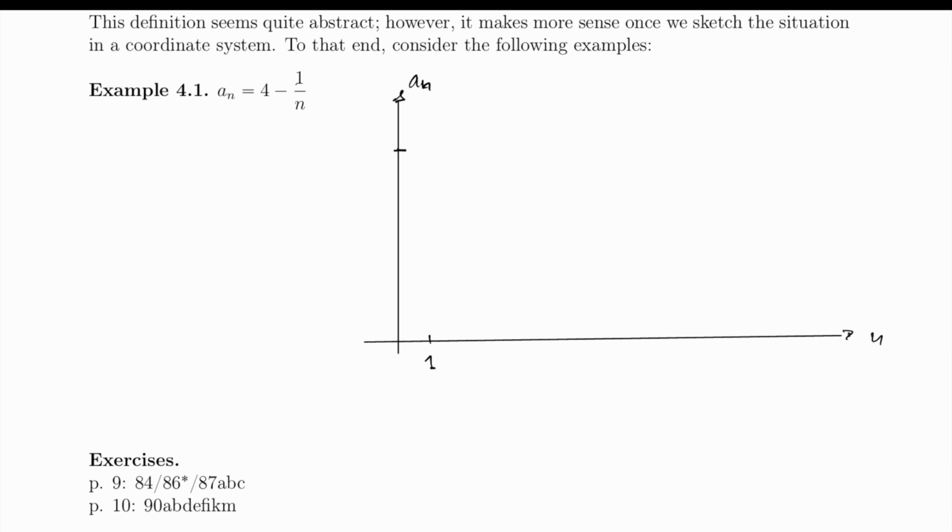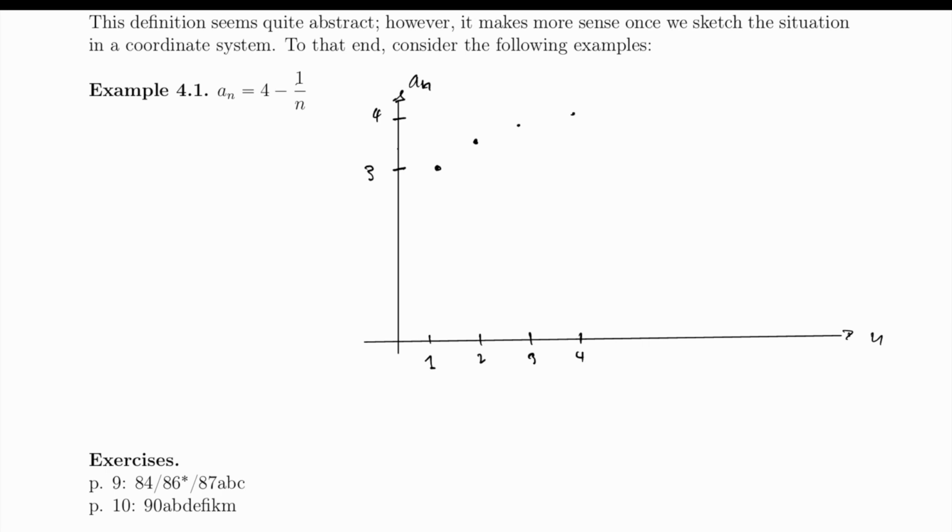So here, maybe this is 3, and here maybe I have 4. The first element would be 3, the second element is 4 minus 1/2, so that's 3.5. The third element is 3.75 and so forth.